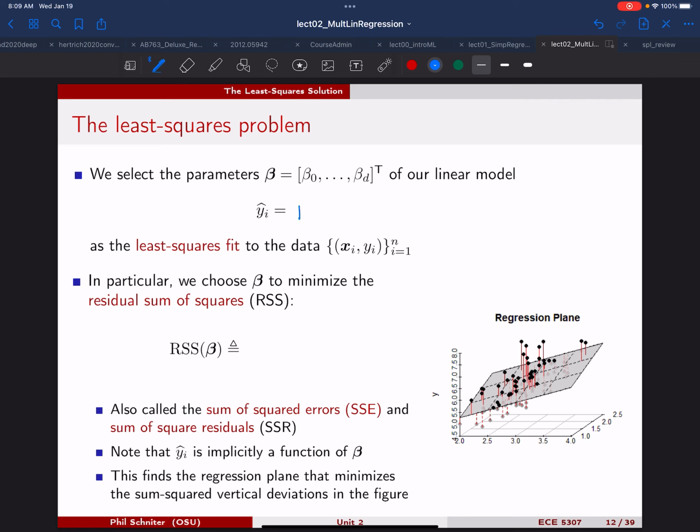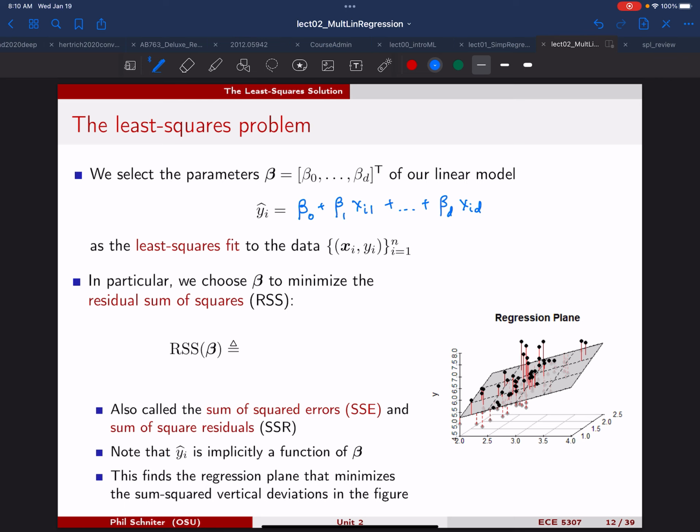And we know from before that this has the form beta 0 plus beta 1 times the ith example of the first feature, xi1, and I'm going to do this for all the other ones up until I get to the ith example of the dth feature, multiplied by beta d.